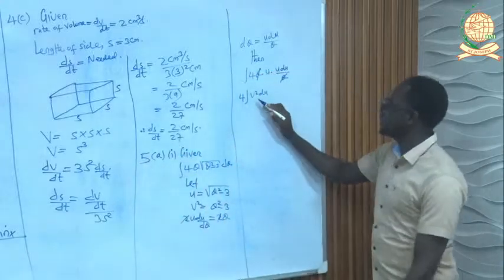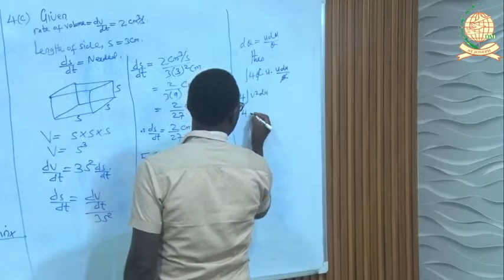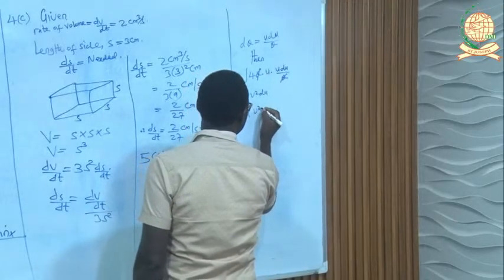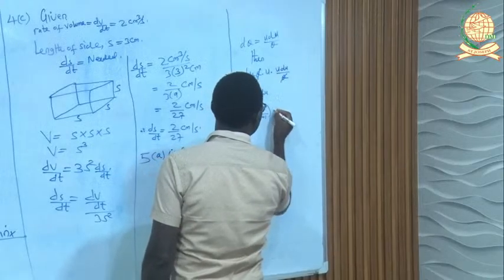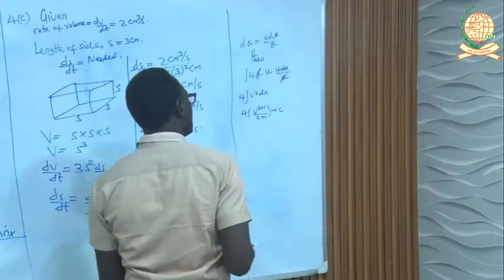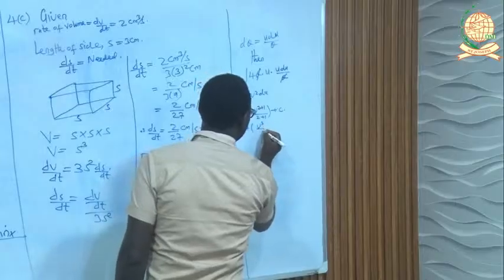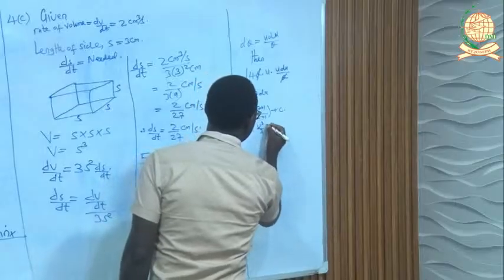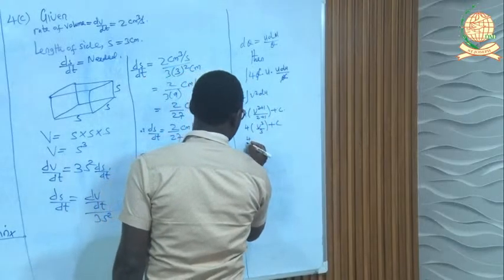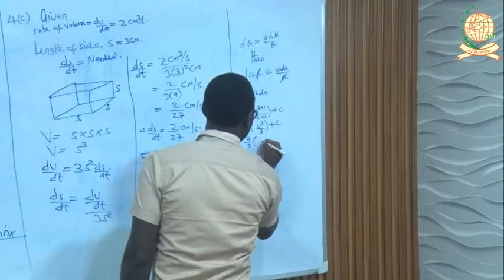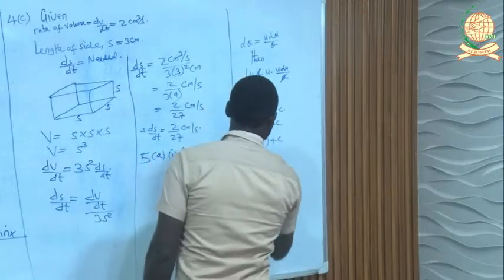Now to integrate u squared du, this is 4 times u, you take 2, you add 1, then you divide by 2 plus 1, plus constant c. This is 4 u power 3 over 3 plus constant c. This is 4 over 3 u power 3 plus constant c.